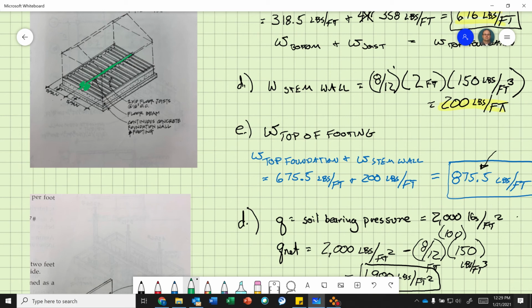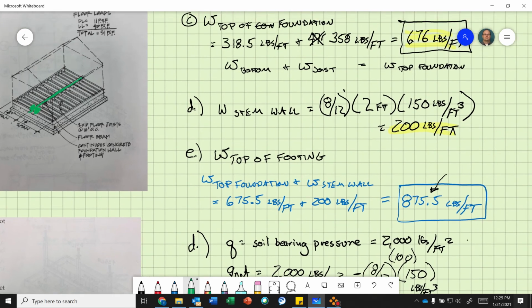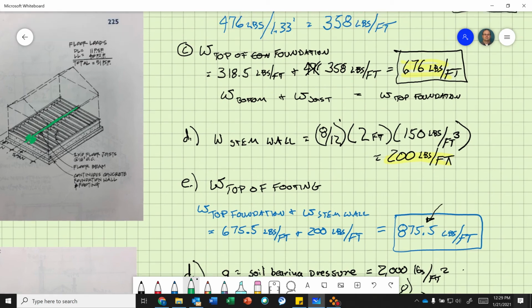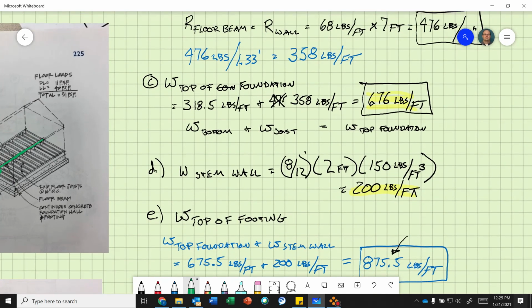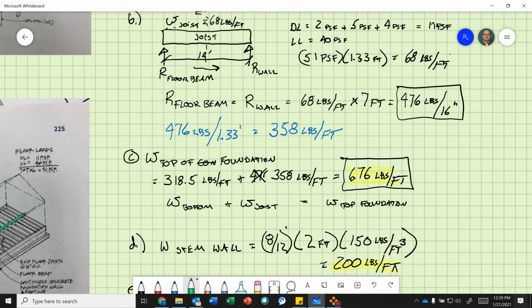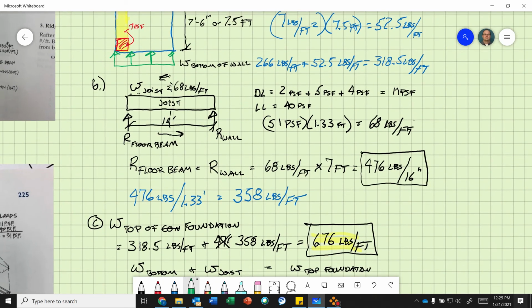They're the same, the joists are the same length on each side of the floor beam. So all we have to do is double that reaction load. So we just have to find it up here. This is where you need to keep track. Here we go, right here. Our floor beam, our wall. So this is the one we need, 476 pounds every 16 inches.